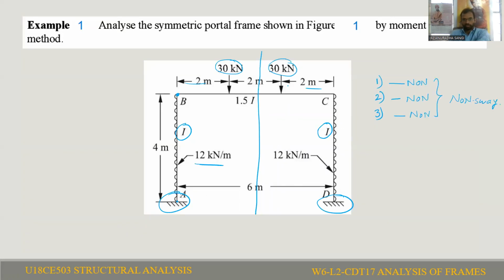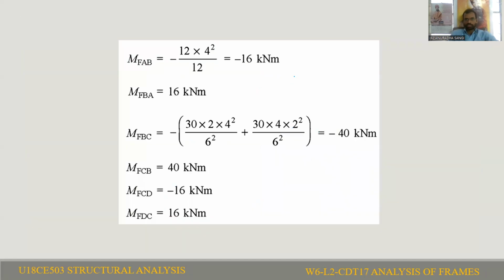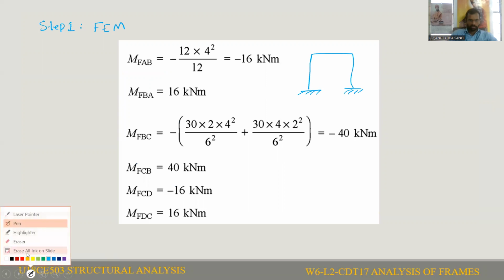For the analysis of this frame, in step 1 we have to calculate the fixed end moments. Our given frame is a symmetrical portal frame. This frame is subjected to uniformly distributed load on the columns of intensity 12 kN per meter.